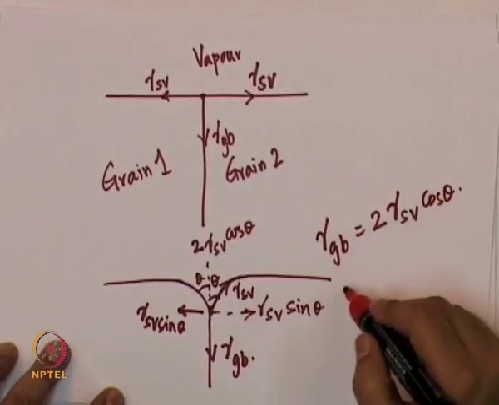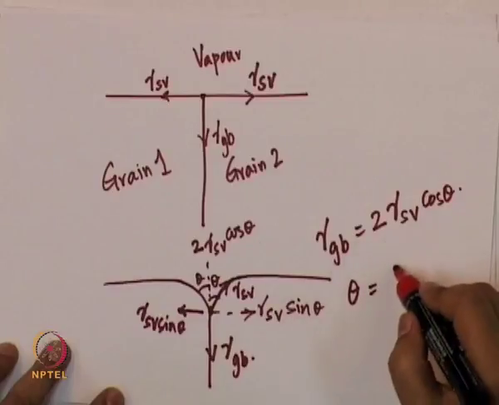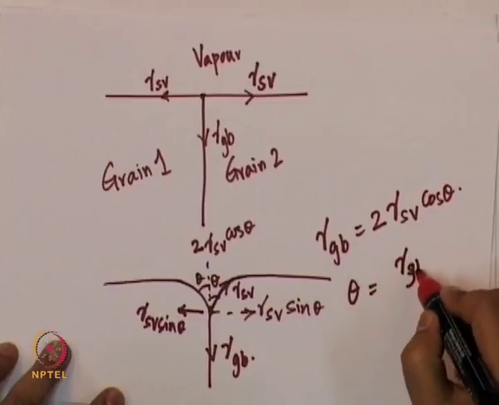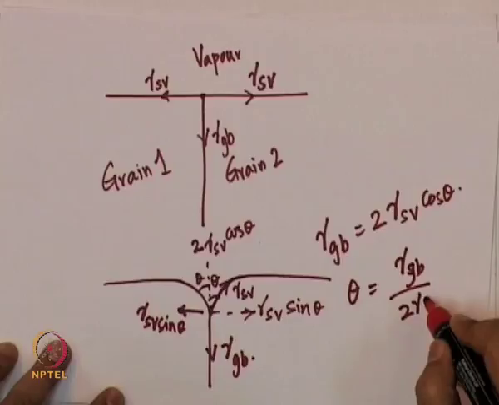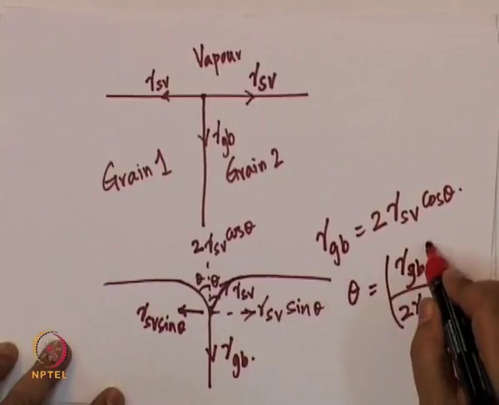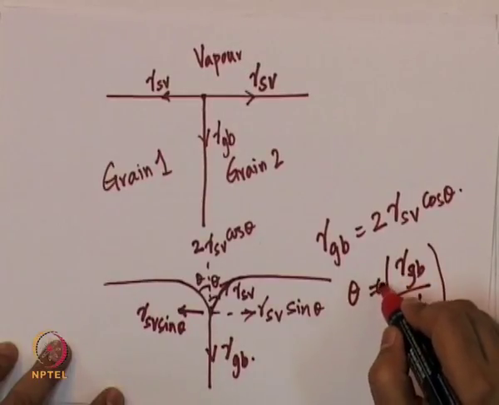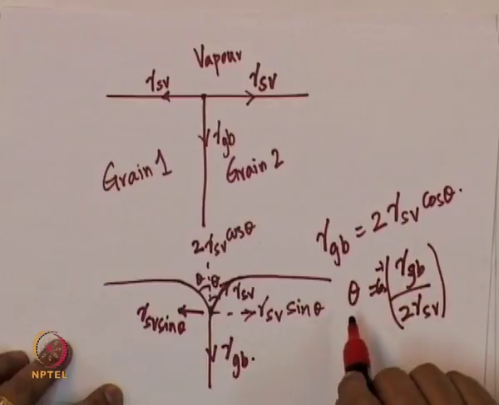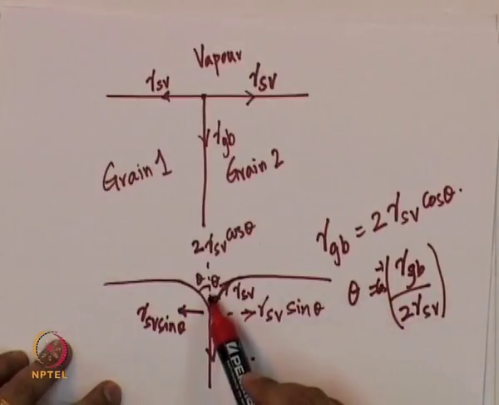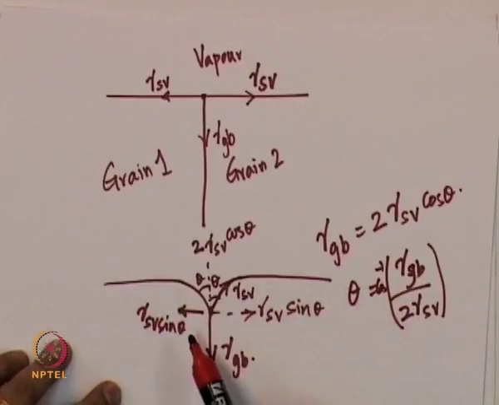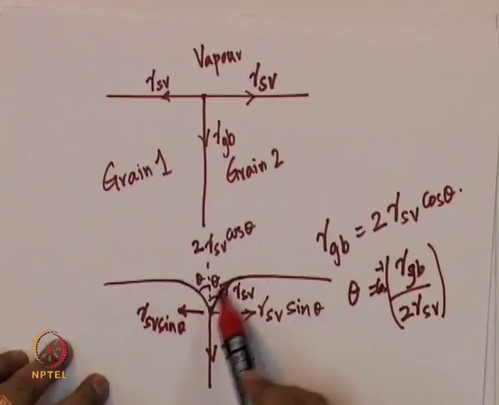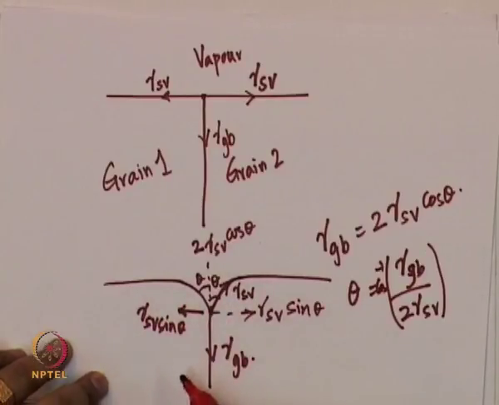So, the groove angle theta is going to be cos inverse of gamma GB by 2 gamma SV. So, it is going to go towards this structure and such a groove is known as a grain boundary groove.